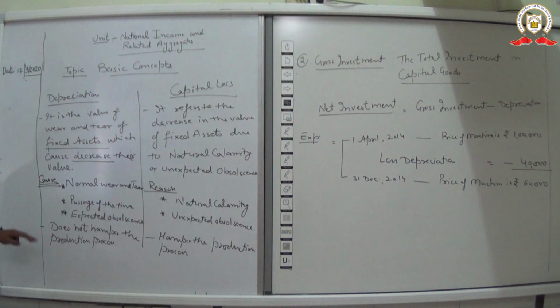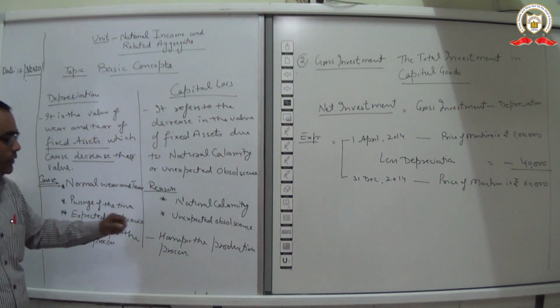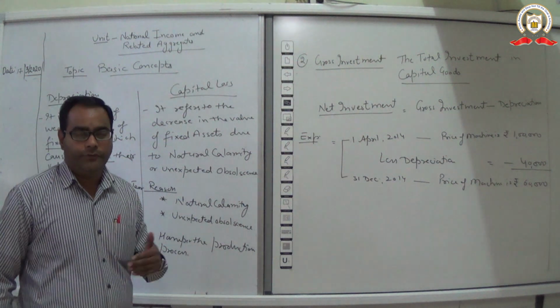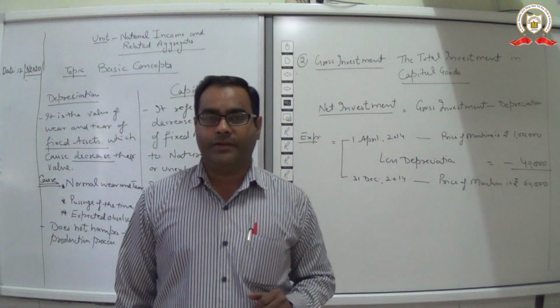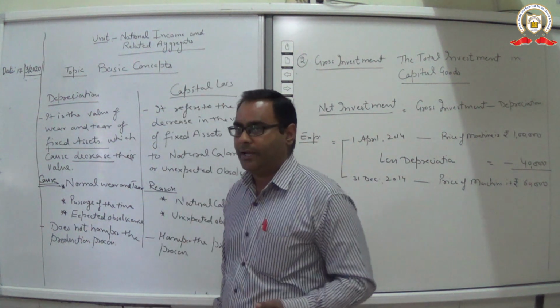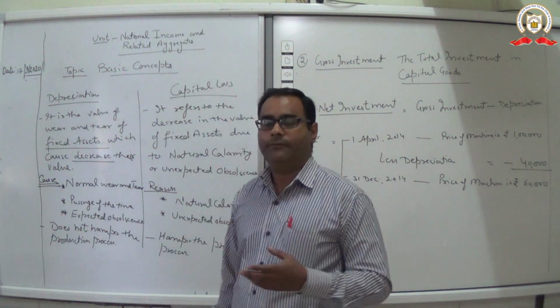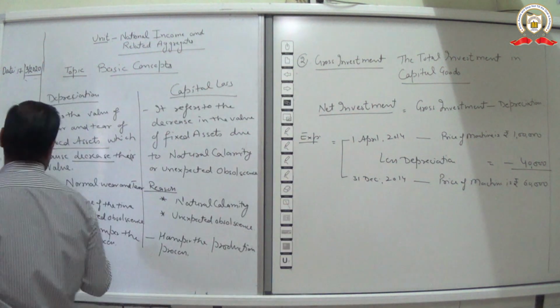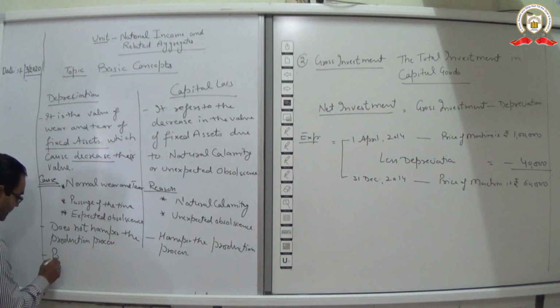What does it mean? How depreciation does not hamper the production process, whereas capital loss hampers the production process? The reason is because in depreciation we can make the provision that after what period of time we have to replace our machinery. So in that case provision is made in depreciation.